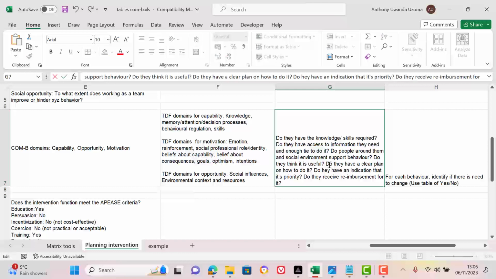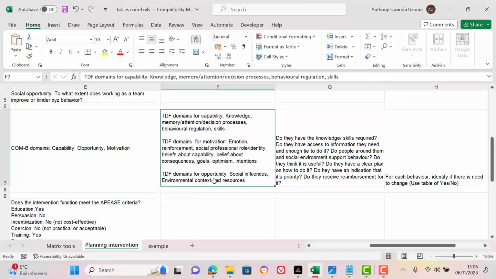Which domain does that map to? That maps to environmental context and resources. Now, do people around them and the social environment support the behavior? That means social influences, so that maps onto our opportunity.